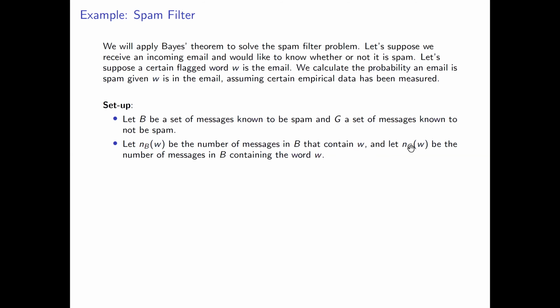On the other hand, we'll let n sub G of W be the number of messages in G containing the word W. The earlier B should be a G, that was a typo. So n sub G of W is the number of messages in G that contain the word W, which is like the frequency of good messages, not spam, that contain W.